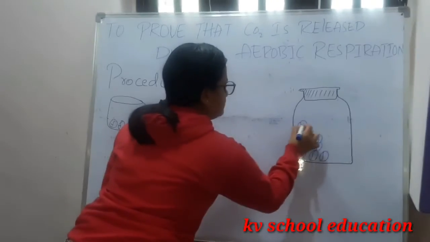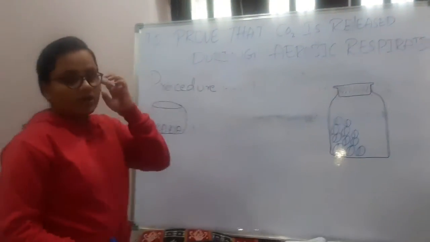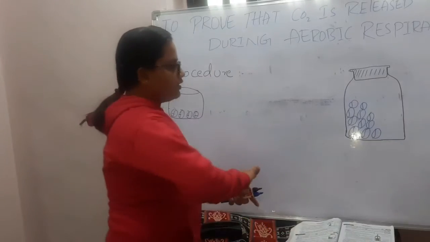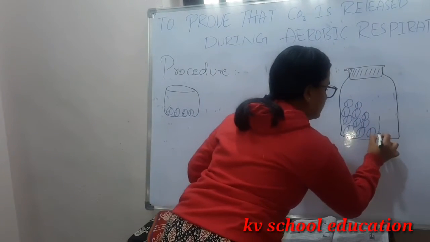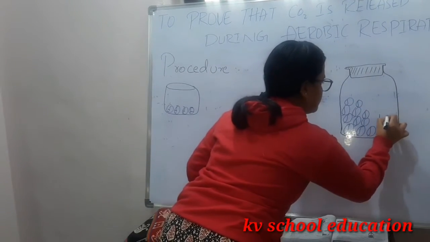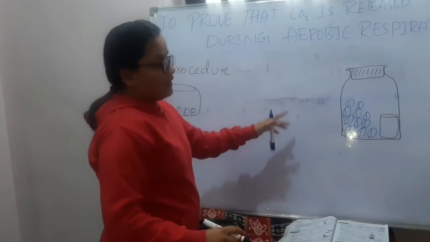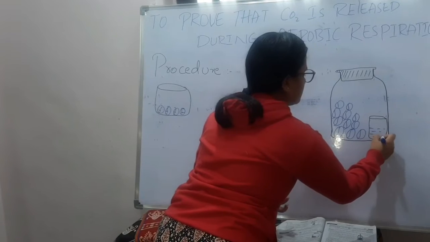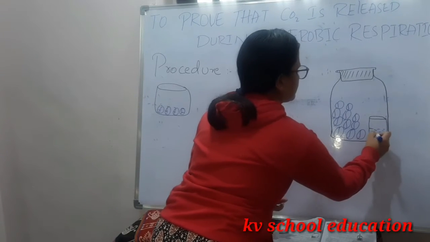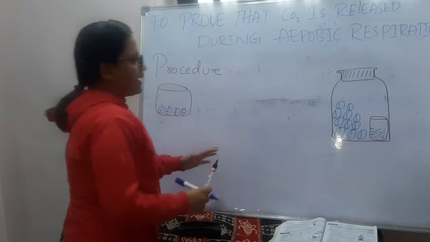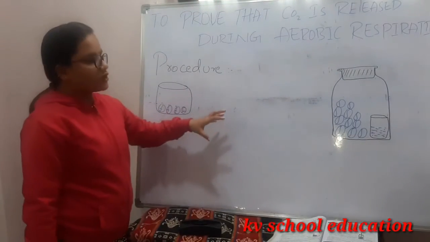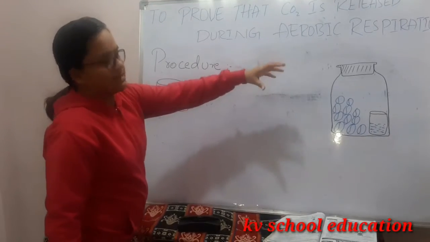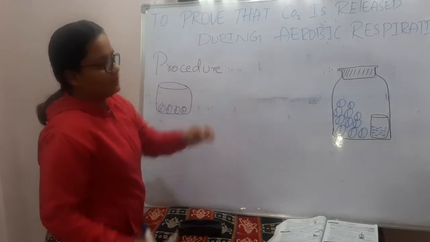Here is the requirement of the beaker: we need to place the beaker with lime water. One more time: take the sprouts from the cloth and keep them in a glass bottle. After that, place the beaker of lime water into the glass bottle.